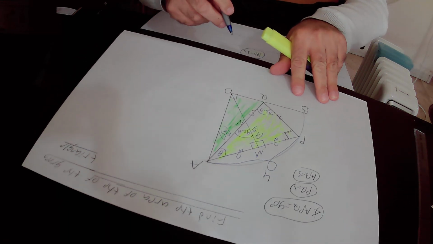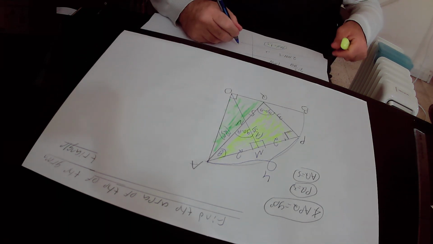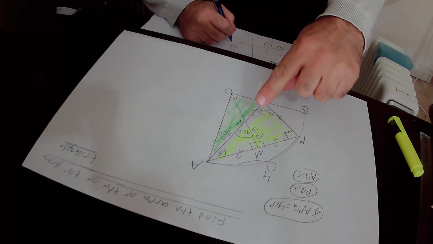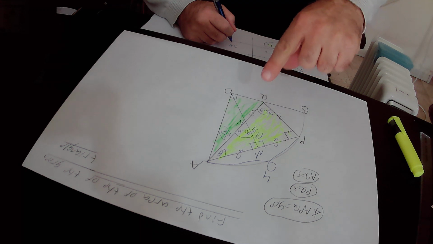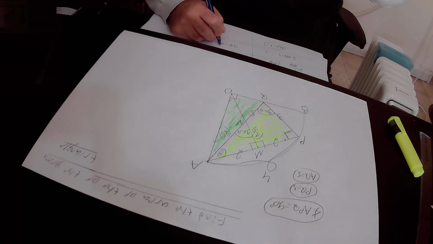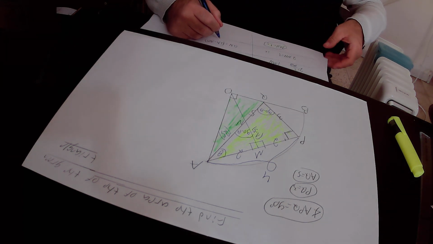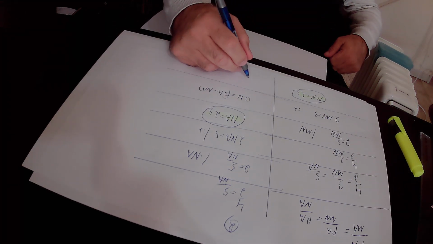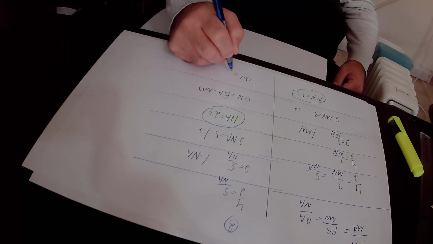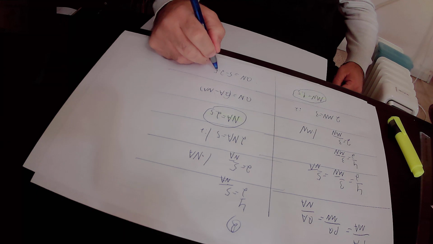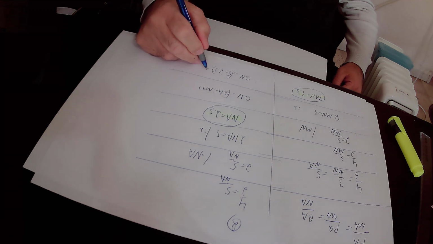What is the length of line segment QN? From the drawing, it is very easy to see that the length of line segment QN is QA minus NA. So QN equals QA, that is 5, minus NA. NA is 2.5. So 5 minus 2.5 is 2.5.